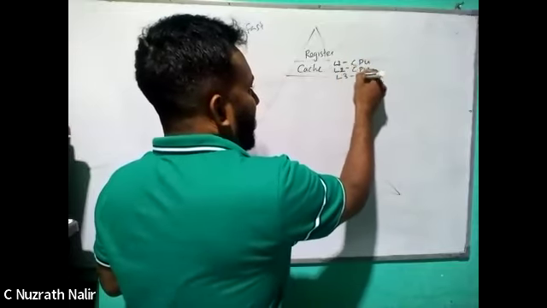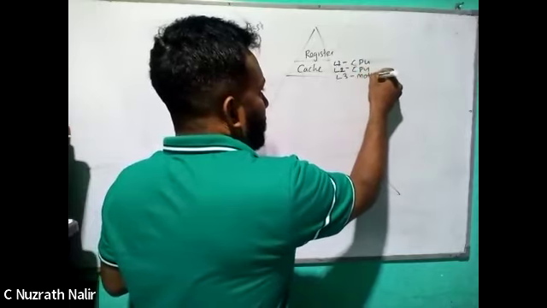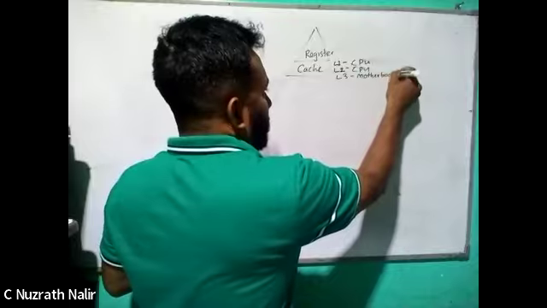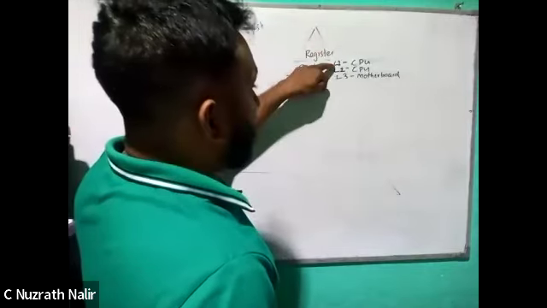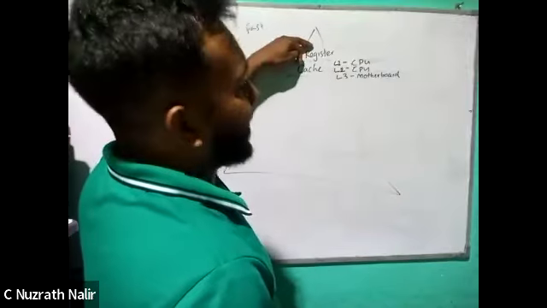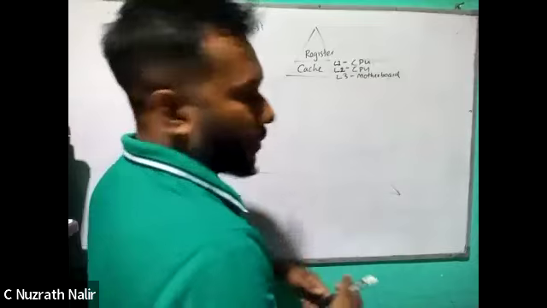But the L3 is contained in the motherboard. So the L1 is very close to the registry, L2 is a little farther away, and then the L3 is in the motherboard.